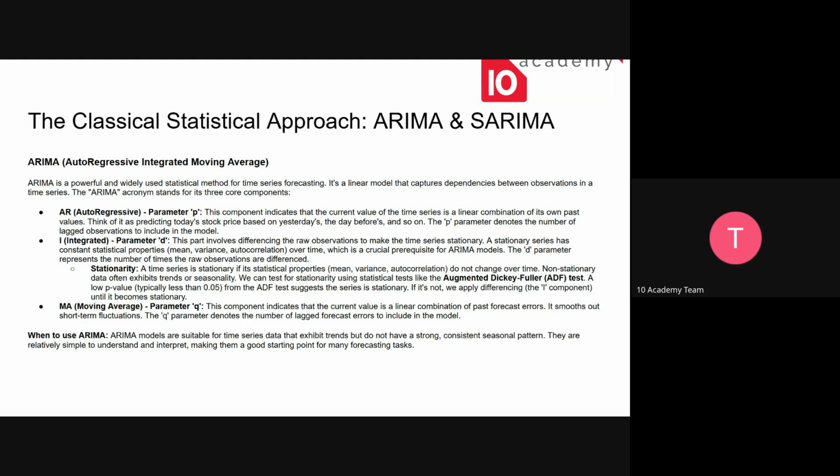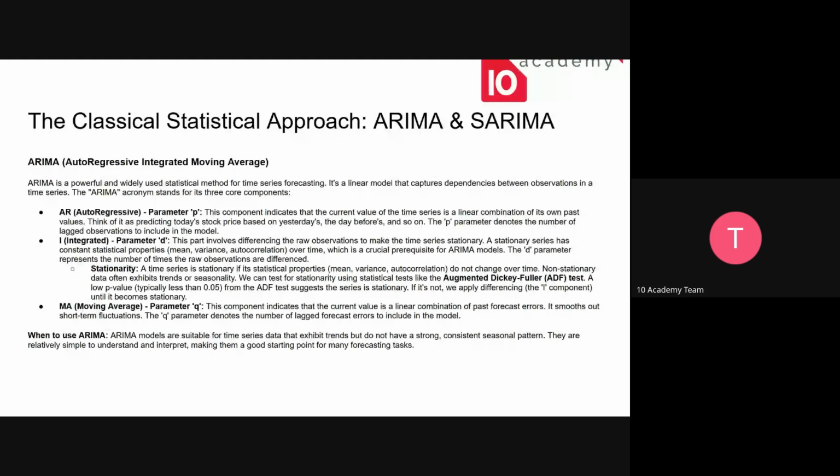So it smooths out short-term fluctuations. The Q parameter denotes the number of lagged forecast errors to include in the model. So if we're going to count the 9 previous days or 9 previous months, this Q value will just smooth the previous 9 months' errors or 9 days' errors. So this is just the moving average.